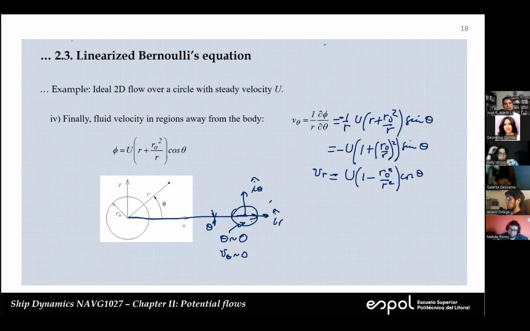All this, in this region, well ahead of the body, the value of r will be very large. Can you evaluate this in this area? What will you obtain in this area here?